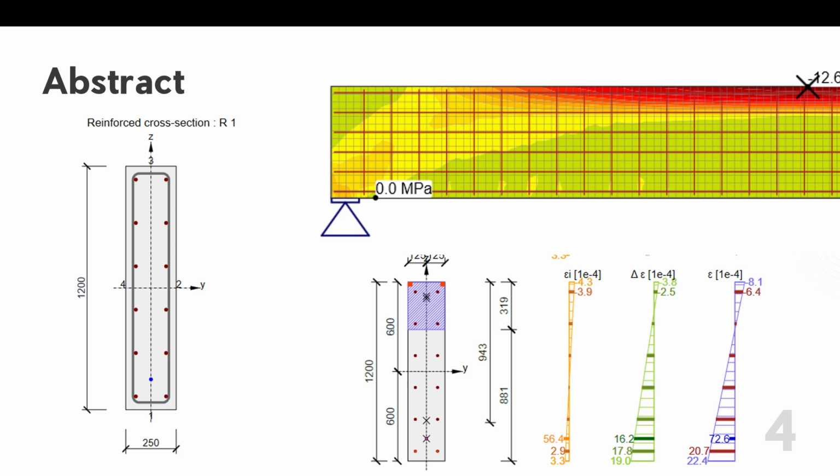Before we compare all the numbers, I would like to mention the assumptions, because it's worth being clear on what each tool actually assumes, the differences between RCS, the beam approach in general, and IDEA StatiCa 2D detail, because that's where every difference comes from. RCS, the beam approach, is a sectional check. It works in one dimension, plane sections stay plane.